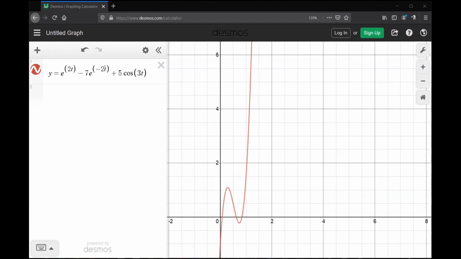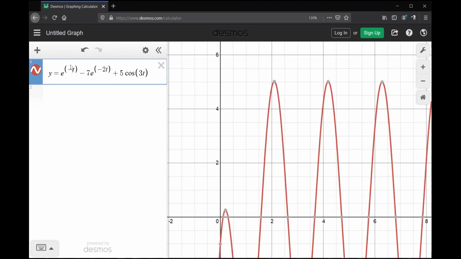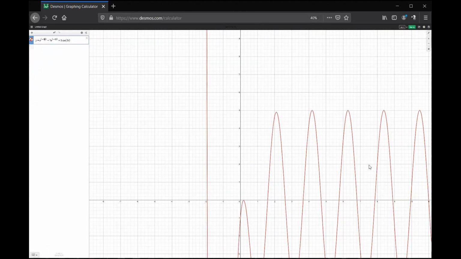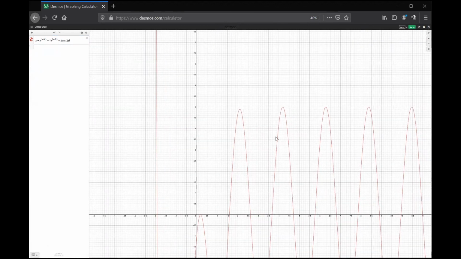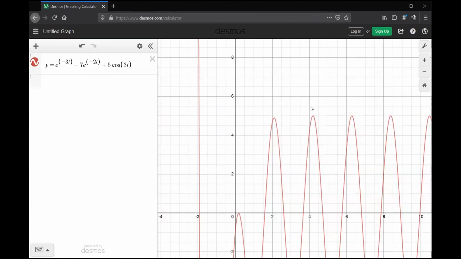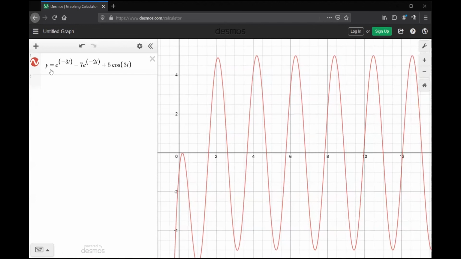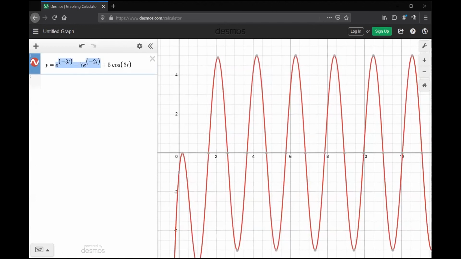If you had them both positive, or let's say both negative, let's say I change this to negative 3t, now we can see what predictably happens: the two terms in the beginning will die out, and then what you're left with is just cosine. So the first two terms are transient solutions, they disappear, and the last term is a steady state solution.